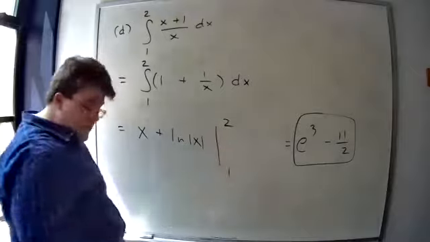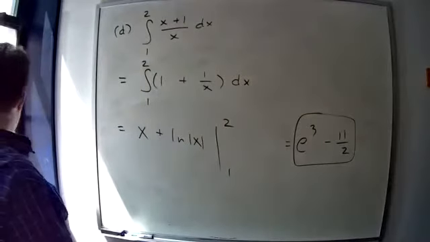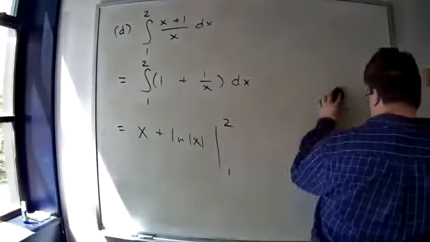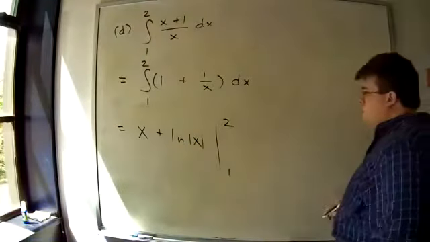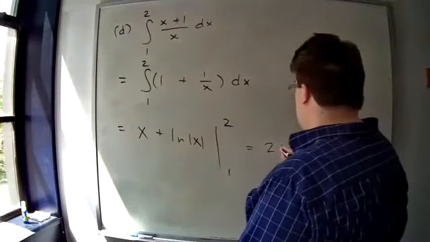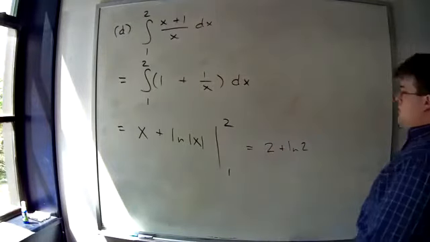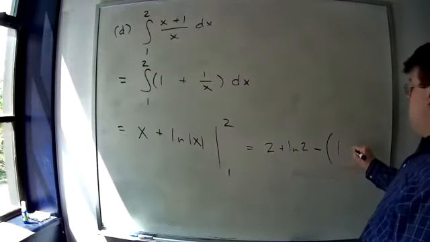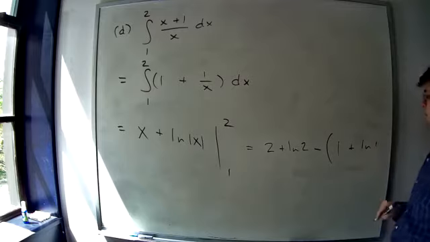But here, we're evaluating from 1 to 2. And what do we get? Substitute 2, you get 2 plus natural log 2. Substitute 1, you get 1 plus the natural log of 1.